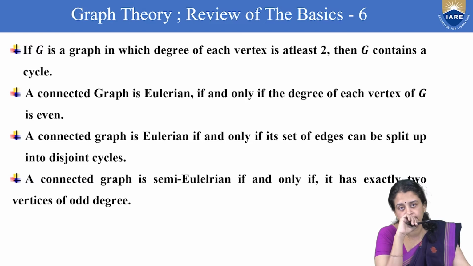How can we say that? Suppose that every vertex of G is of degree at least 2. Then we can find a walk starting from a vertex, let it be V0.